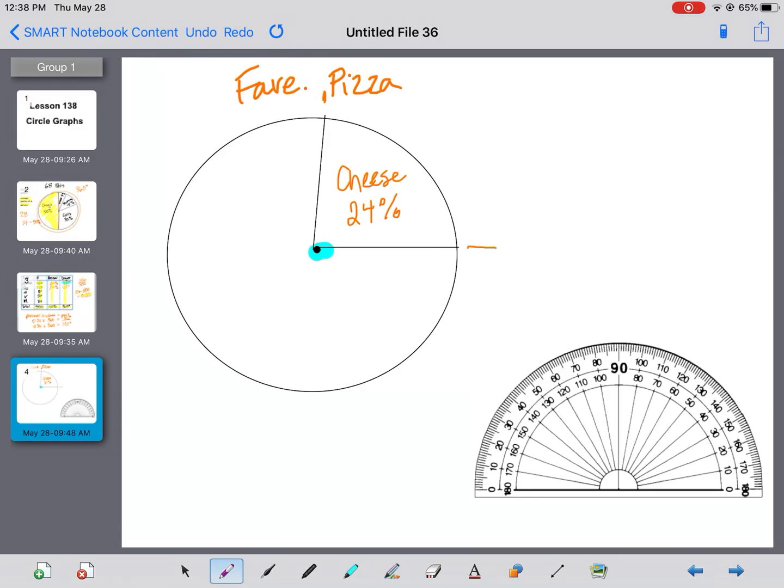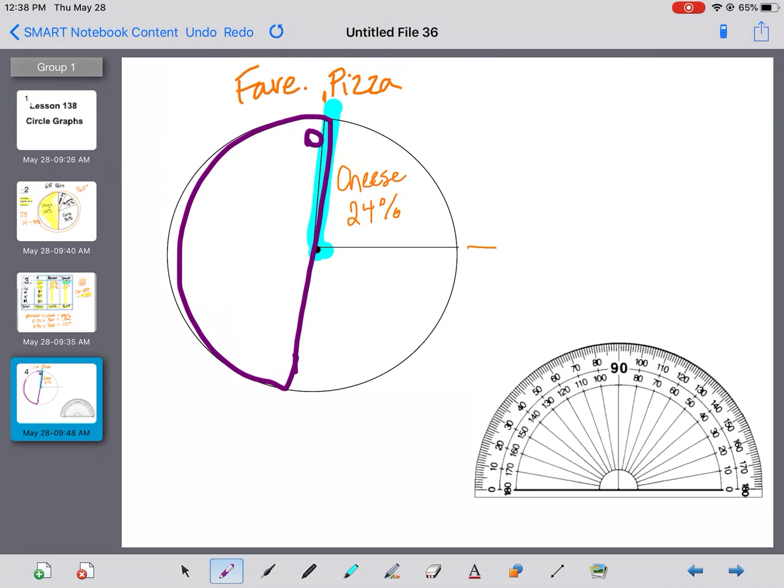So you can imagine spinning your piece of paper around and then use this line as your bottom ray of your angle. So you take your protractor and you'd put it on just like that. And then if your 0 were here, for the next one it was, let's see, 122 degrees.